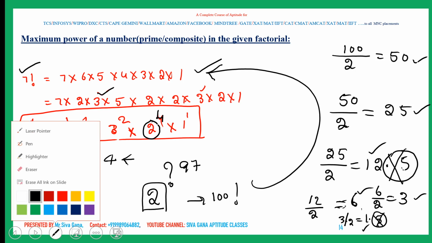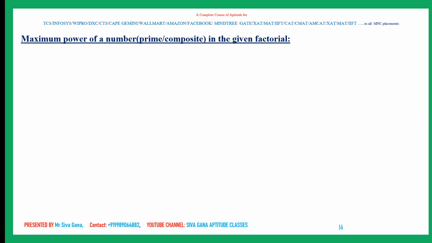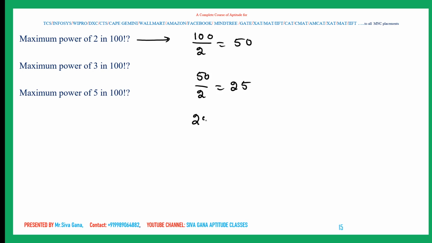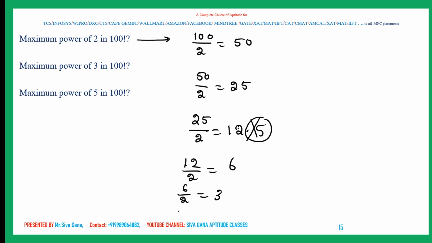Let us see this process one more time. Maximum power of 2 in 100 factorial. 100 divided by 2, we get 50. Then 50 by 2, we get 25. 25 divided by 2, we get 12.5. Just neglect the decimal part. Next 12 by 2 is 6. 6 by 2 is 3. 3 by 2 is 1.5.